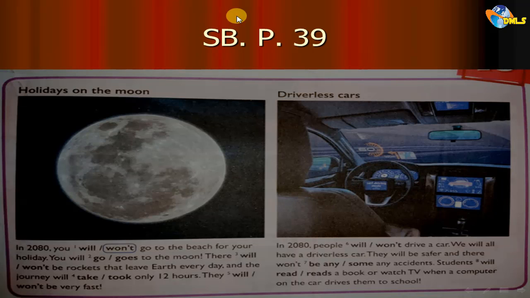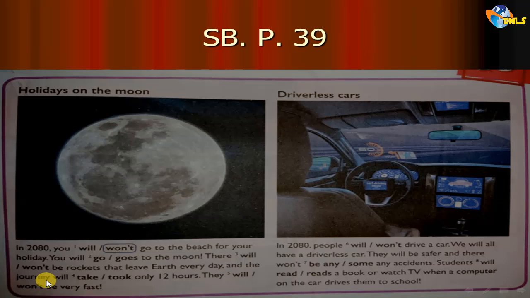Let's read about predictions on page 39, student book. Holidays on the moon, driverless cars. In 2080, you won't go to the beach for your holiday. You will go to the moon. Of course, you will go, the infinitive after will. You will go to the moon. There will be rockets that leave the earth every day.